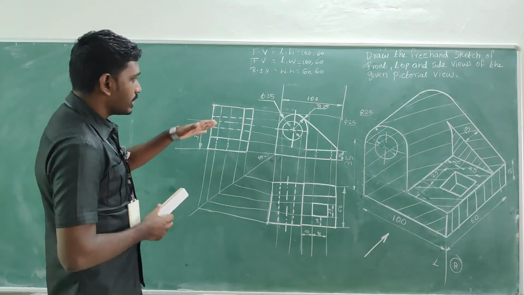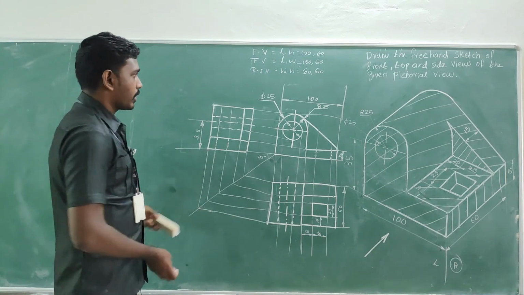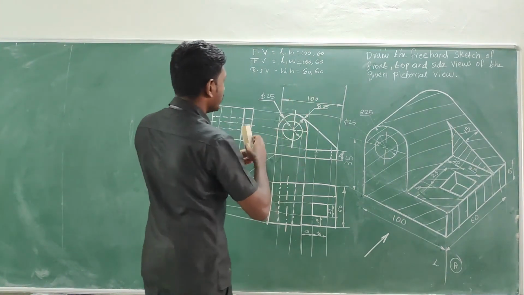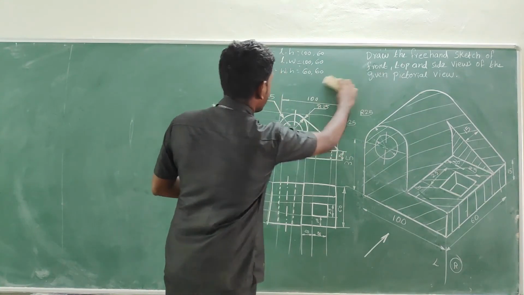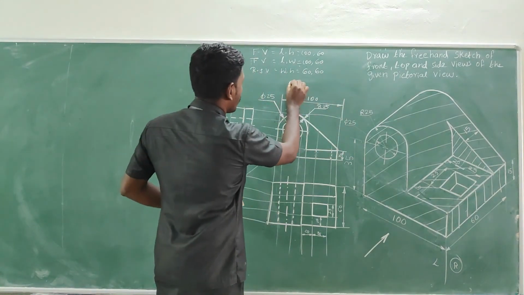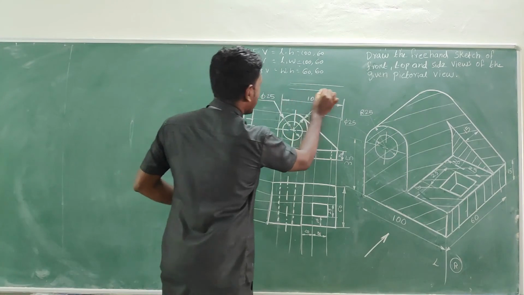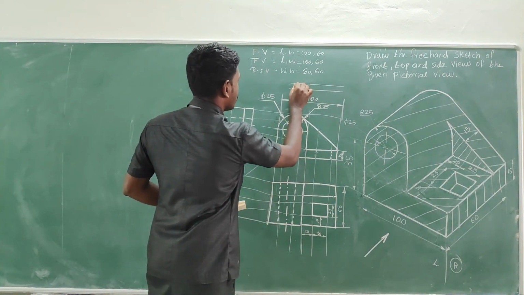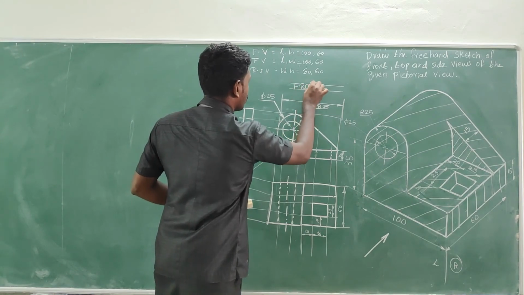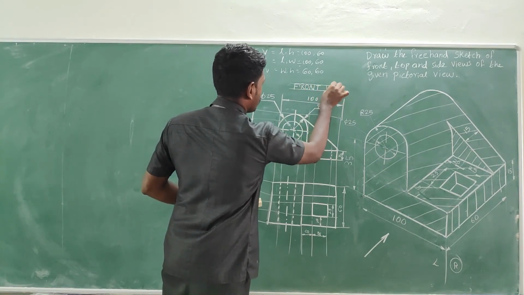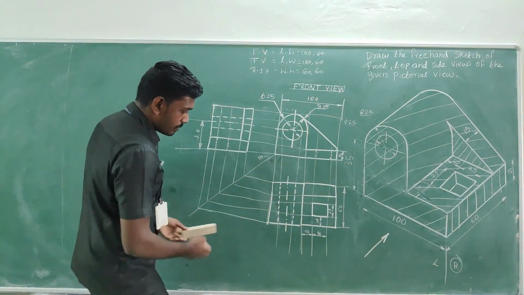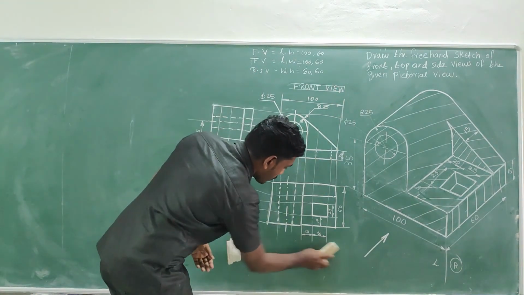Okay, so the next thing is title work. So this is the front view, so above it form a guideline and write front view. And this is the top view.